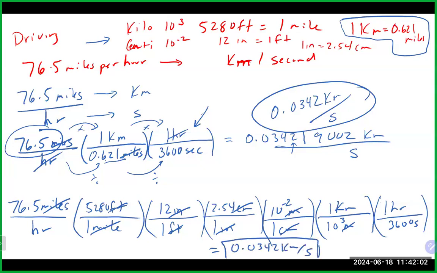So even a longer journey, but still gets you to the end. And that does happen with conversions. It just depends on which pathway you choose. Some are a little quicker, some a little further. But if they are legitimate equalities, they will all get you there as long as you keep everything canceling out correctly. Any questions on that?